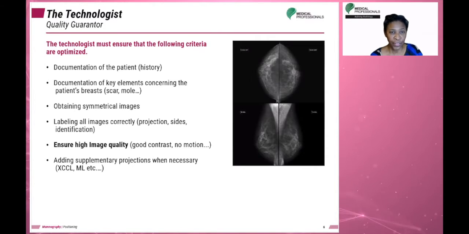In terms of the patient's gynecological history, age of menarche when they had the first period, if in menopause, age at menopause, pregnancy, how many pregnancies, when they had the first pregnancy, the number of pregnancies, all of these can affect the appearance of the breast tissue, so all of these should be documented.